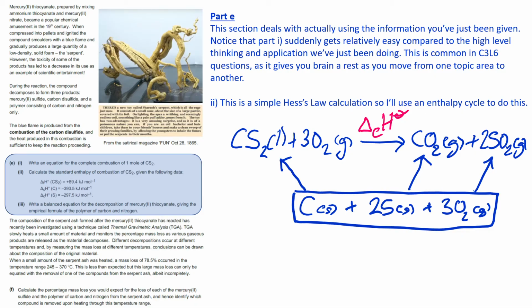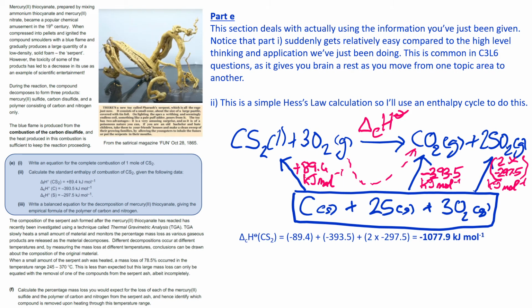Now, as you go from the elements at the bottom to carbon dioxide and sulfur dioxide, that also means you're combusting them, obviously, because it's oxides you're forming. We can now put in the data that the question provides, and that's our indirect route, and it's a dotted line. So, working our way around, that gives us minus 1077.9 kilojoules per mole.